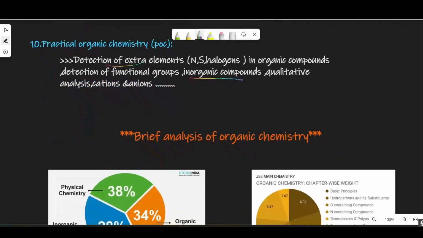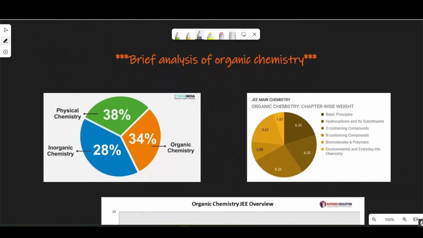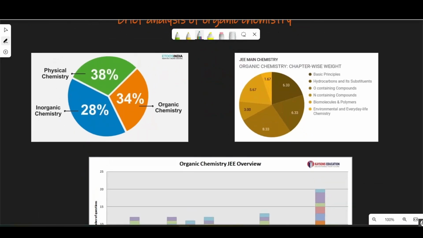Now let's see some stats related to organic chemistry. If you see overall, in chemistry the percentage for organic chemistry is 33, probably 33.3 percent. If you get command over organic chemistry, there is a probability of boosting your score much higher.